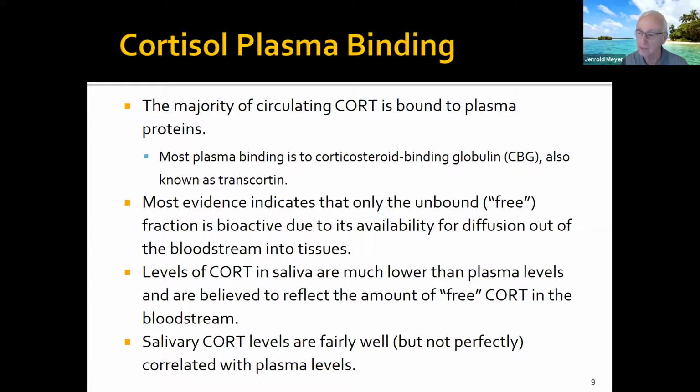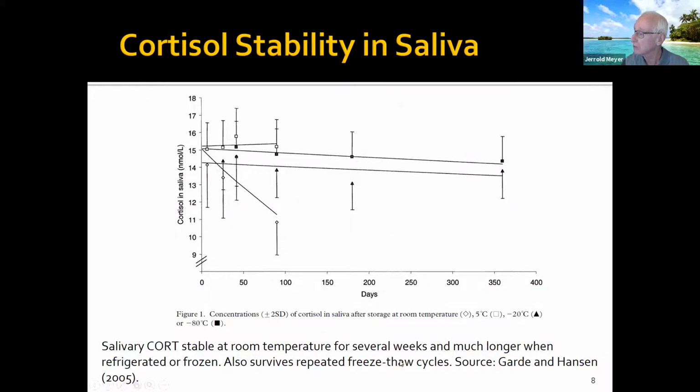The other thing, a very important point, is that cortisol survives repeated freeze-thaw cycles. This is a vital piece of information. Think about the idea that you might have some saliva samples in your freezer. You take them out to run your ELISA assay on the samples, put them back in the freezer, and you run your assay, and some of the data look funky, or for some horrible reason the whole assay went south on you.